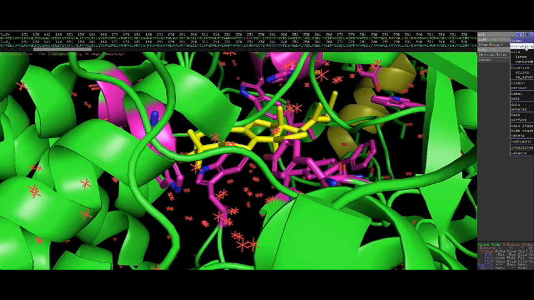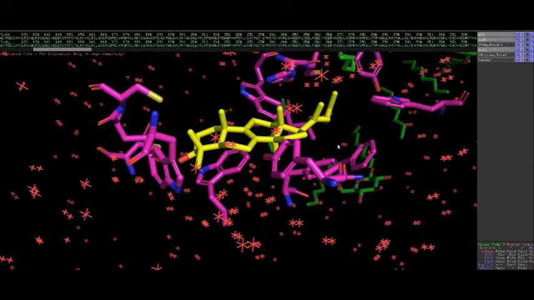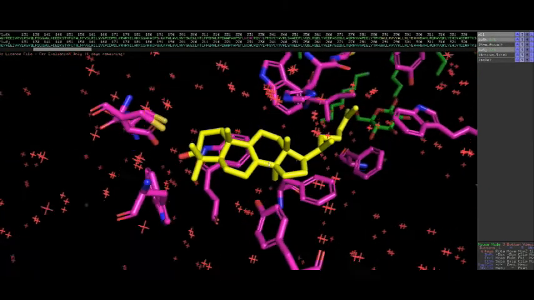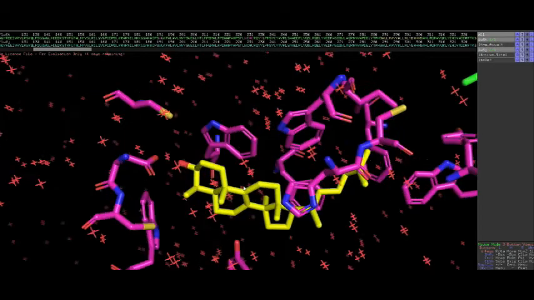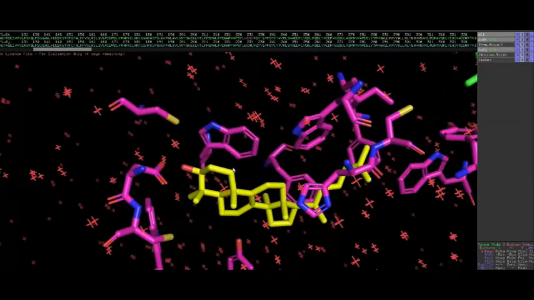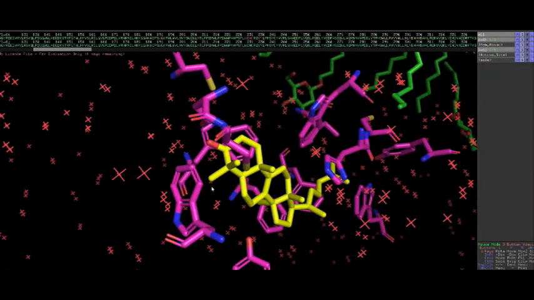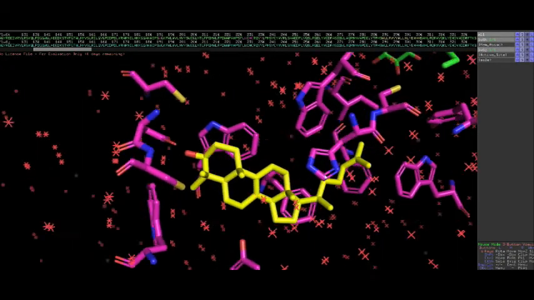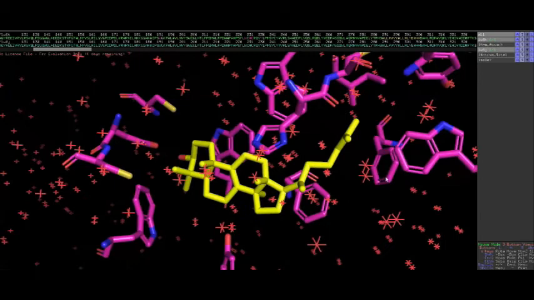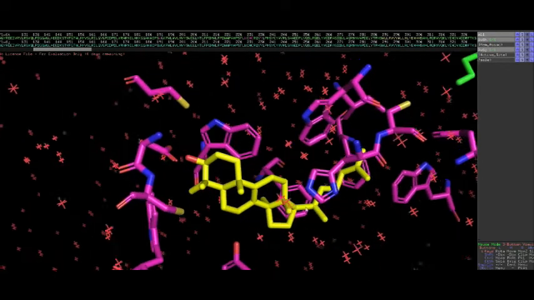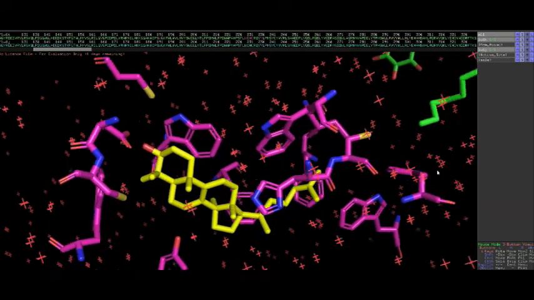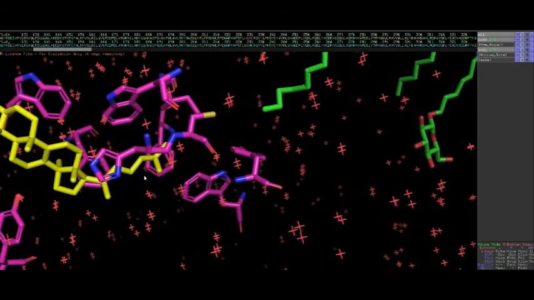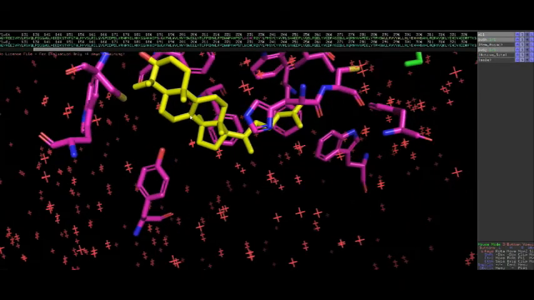So once again, we can remove some of the cartoons and look at just the active site. We have a tryptophan here, a tryptophan here, another tryptophan over here, lots of tryptophans. We have a couple phenylalanines here, that's a tyrosine, and another tyrosine here.